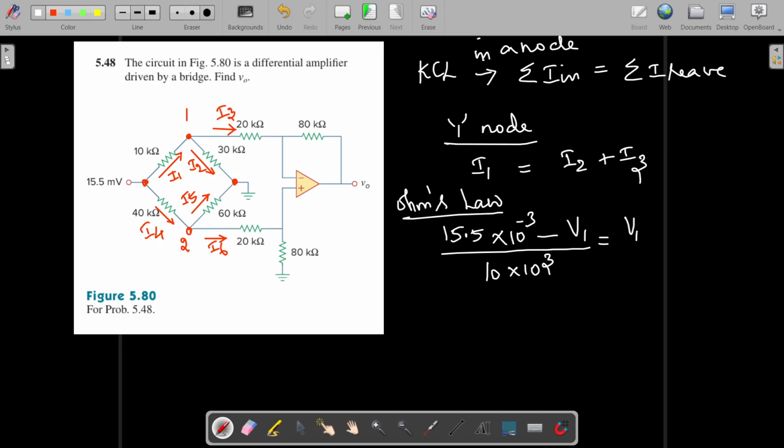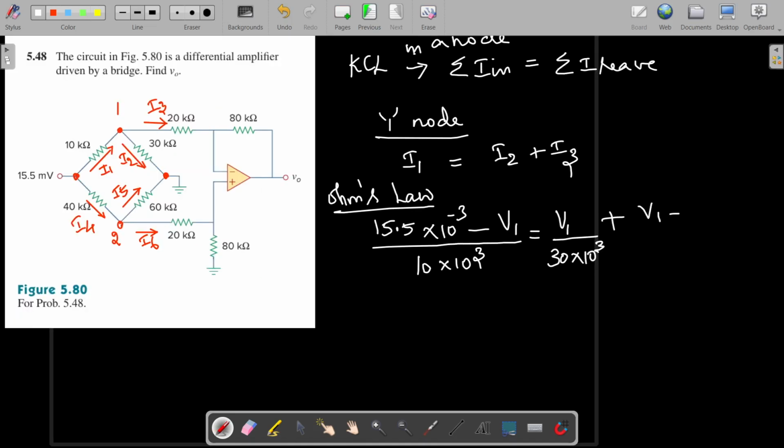So it is V1 minus 0 divided by 30 into 10 power 3 ohm, plus I3, which is V1 minus the potential of another node. We need to mark this node also: let it be A and this one be B. So we can write it as V1 minus VA divided by 20 kilo ohm.